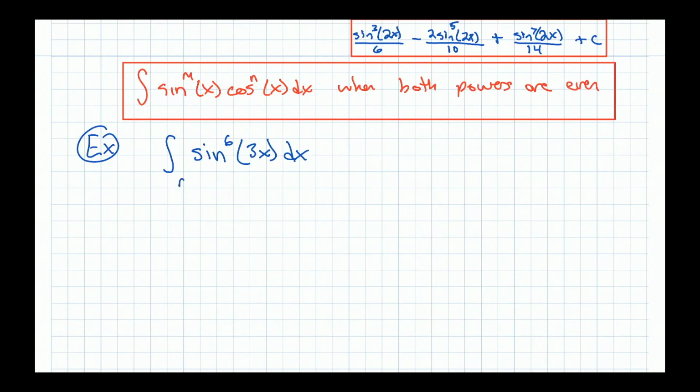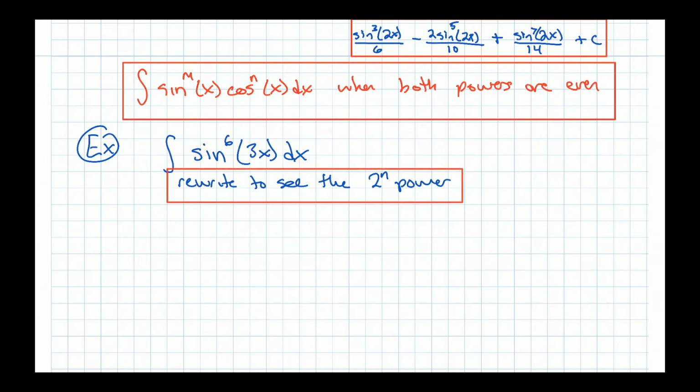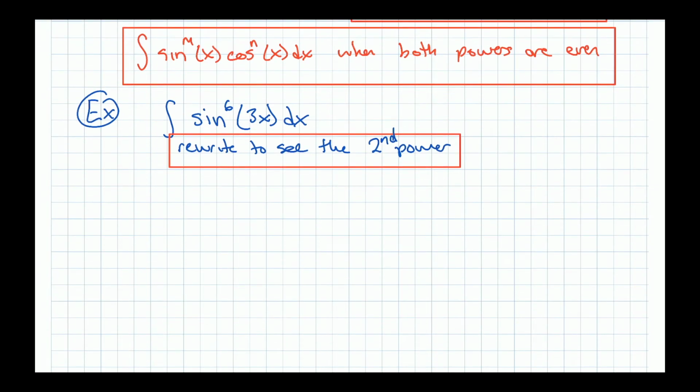You have to rewrite this to see a second power here. All right, and this is important enough to write it as a rule. You need to rewrite it to see a second power. So it's going to look like this. Sine squared 3x, parentheses, to the 3.